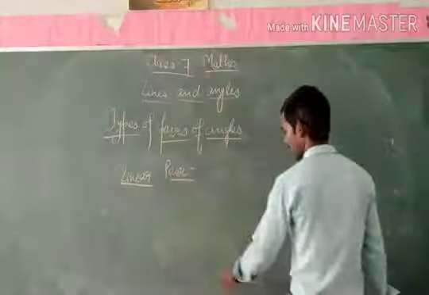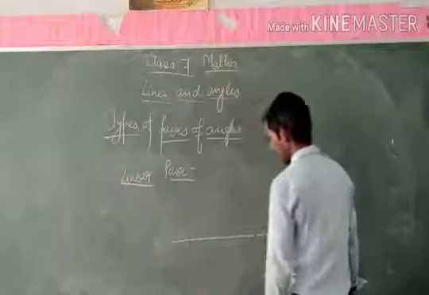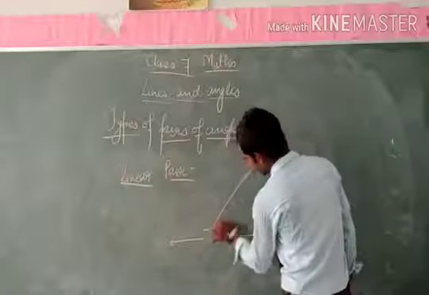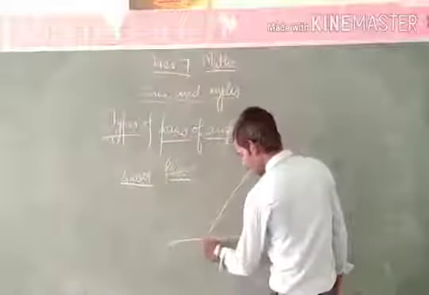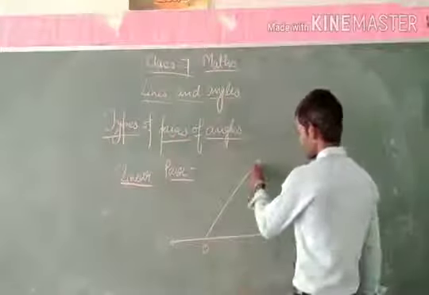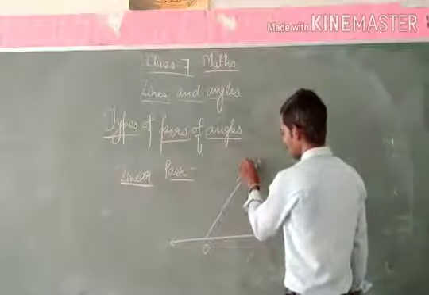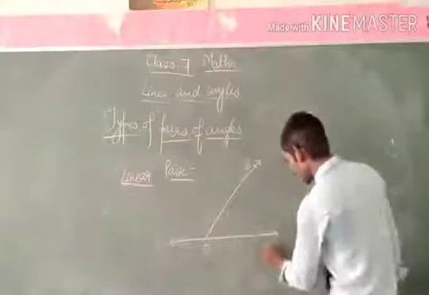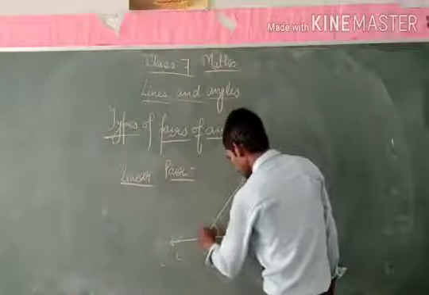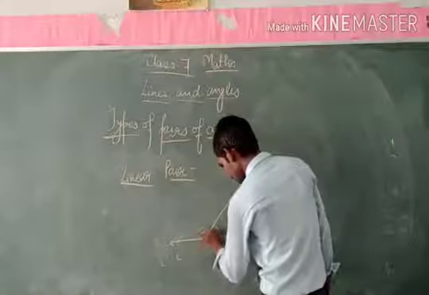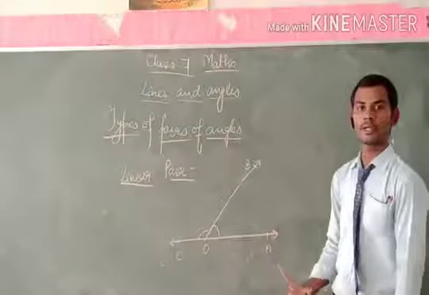Here we can see that this is a line and this is the other line, which intersect at the point O, and this ray has the name OB, and this is A and C, and the angle is formed here like this. This is the figure of a linear pair.